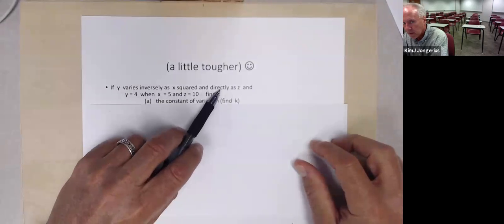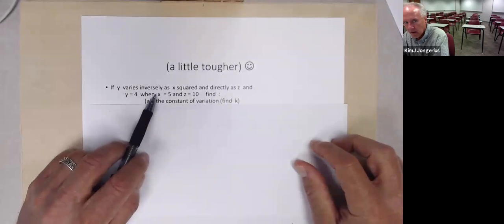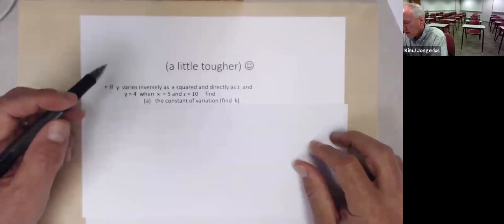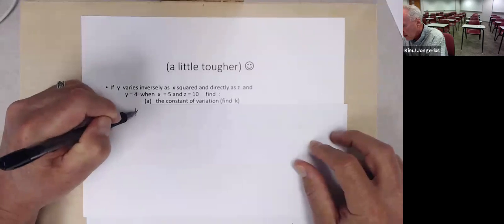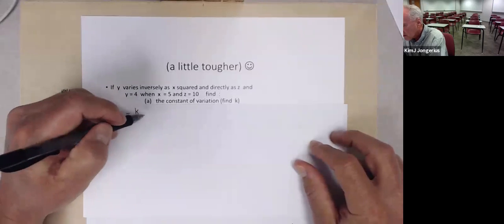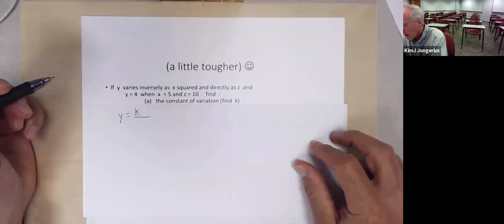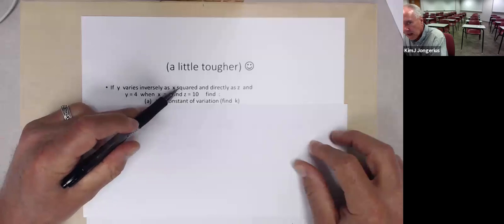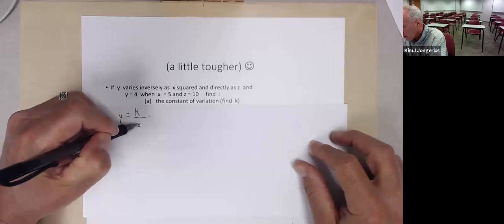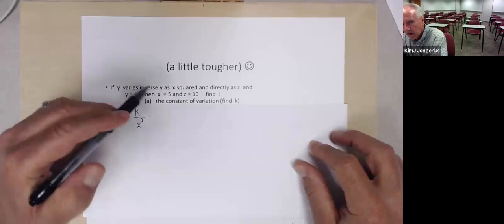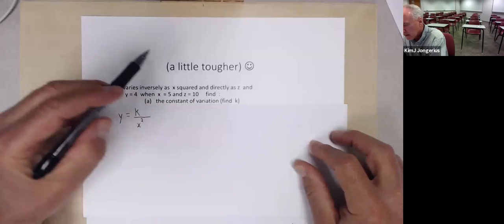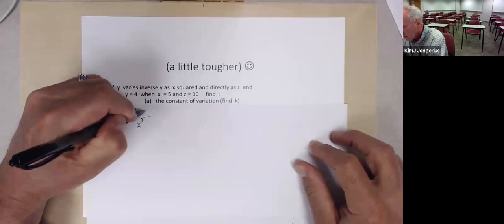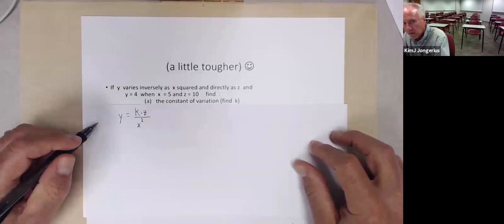Remember, directly was k times. Indirectly or inversely is k divided by. So our general equation would be k, when it's inversely, it's divided by. Inversely, as x squared would be divided by x squared. And then directly as z would mean times z. So I have this general equation.